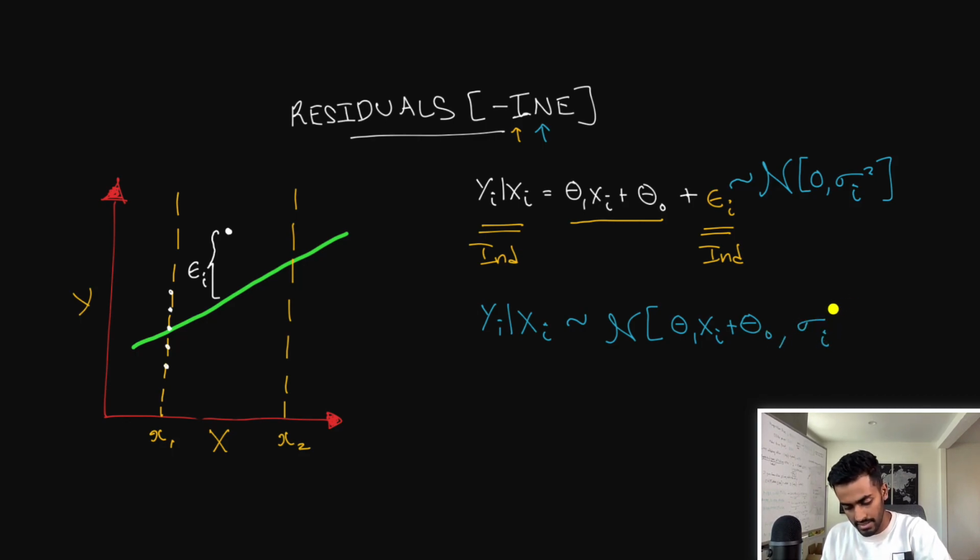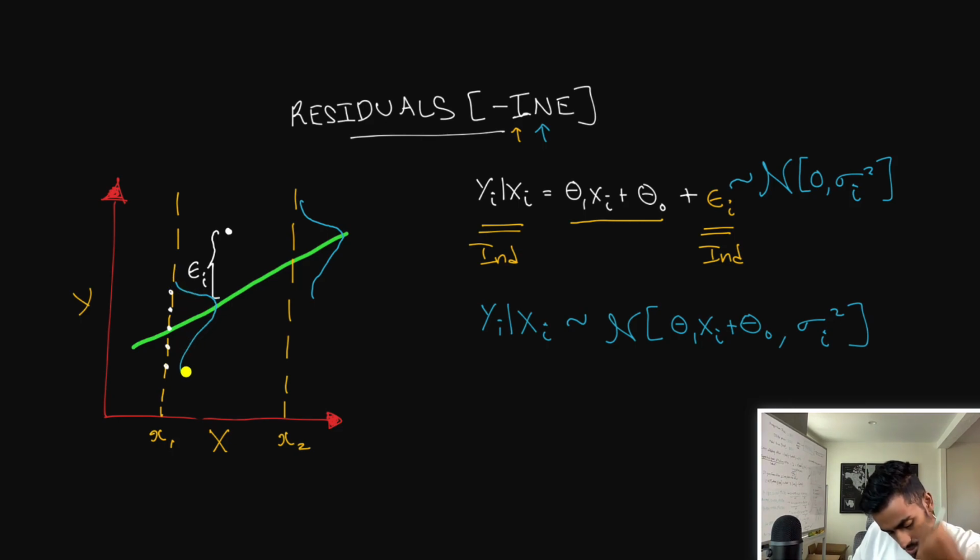and this variance is going to remain the same. Essentially what this is saying visually is that all of the actual values of y are going to be normally distributed for a given value of x. So again, along this straight line over here, we can write a little bell curve that looks like this. For this given value of x1, we can also say that these points are going to be distributed like this.